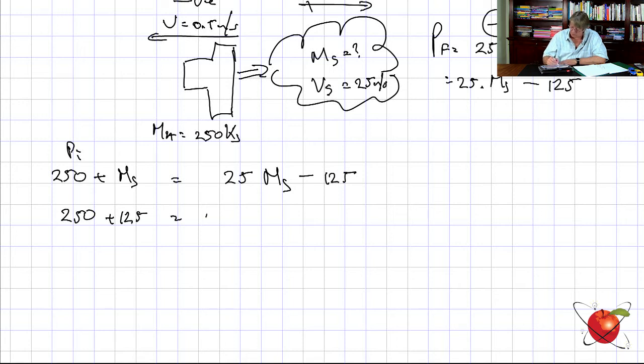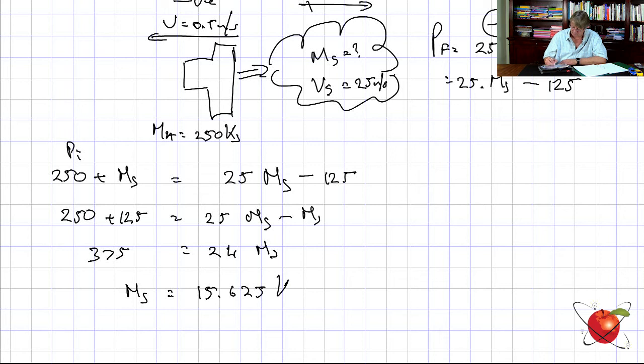must be equal to 25 mg minus mg, which is 24 mg, equal to 375. Therefore the mass of the gas required is 15.625 kilograms.